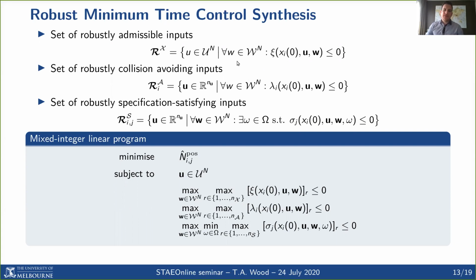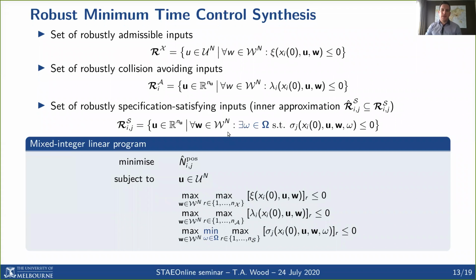For the collision avoidance, we have the position constraints I defined in the task assignment part. When we're using the infinity norm or the one norm, these were linear constraints, so that's also straightforward. The tricky part is the specification constraints.